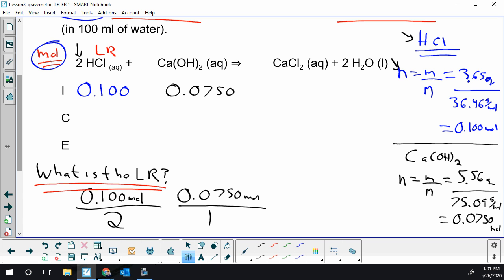This is going to be the limiting reagent. All of the HCl is going to react away, all 0.100. Now, if you ever make a mistake with predicting the limiting reagent, you'll end up getting a negative number for the other chemical, and that would be a hint that you made a wrong prediction.